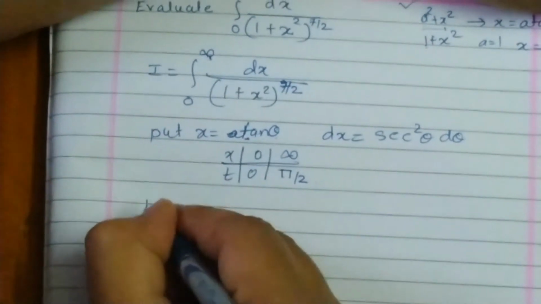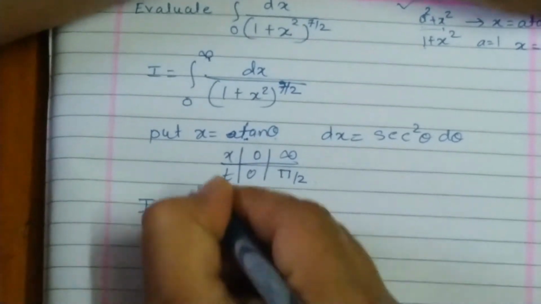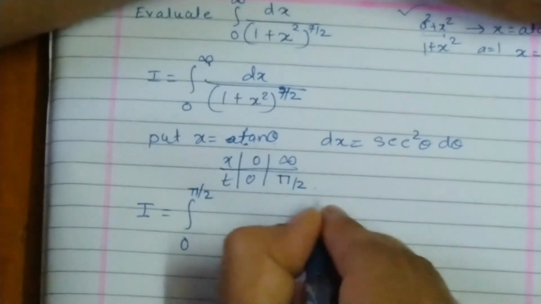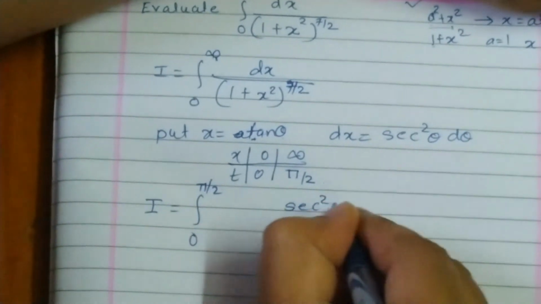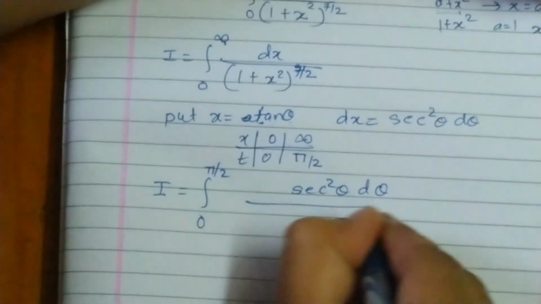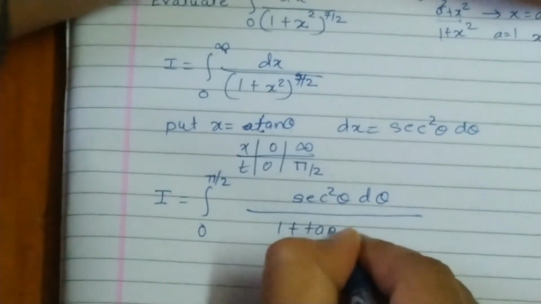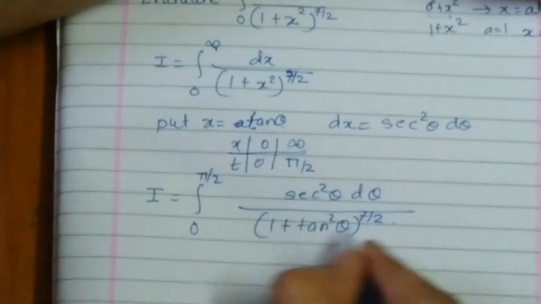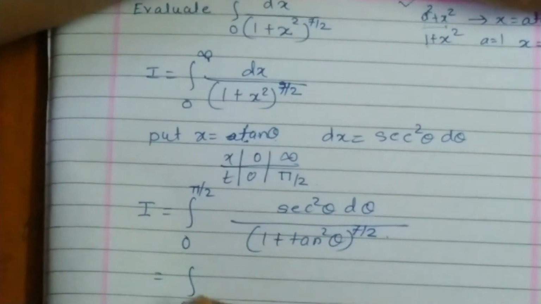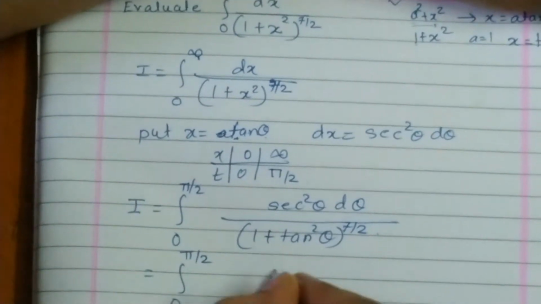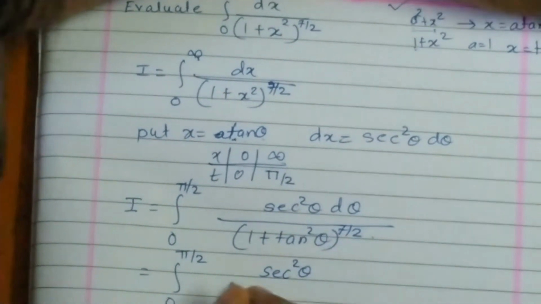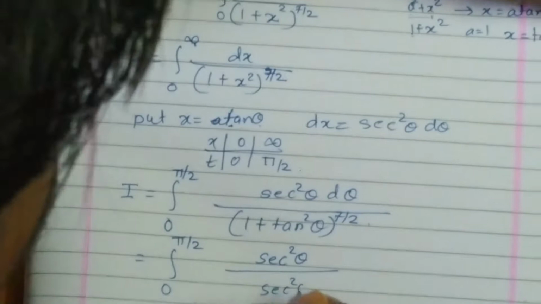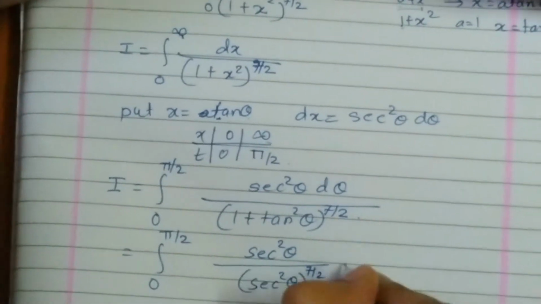So my integral I becomes integration from 0 to pi by 2, dx is replaced by sec square theta d theta, divided by 1 plus tan square theta bracket raised to 7 by 2. So 1 plus tan square theta is again sec square theta, hence I am getting sec square theta upon sec square theta raised to 7 by 2 d theta.